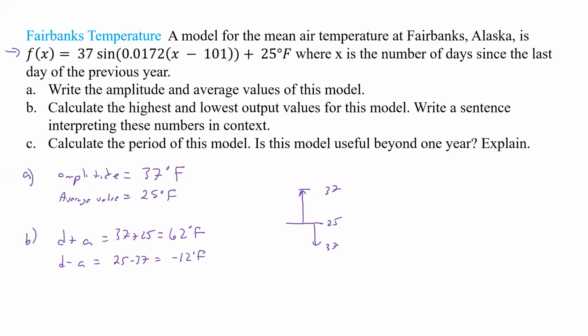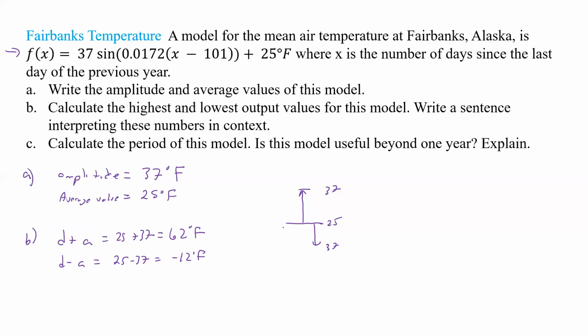Okay, so I put those backwards. It should have been D was 25 plus A, and maybe we'll do that just so we don't get confused here. Okay, so D plus A, D minus A. So we had to go D plus A and D minus A. And so that's kind of where we are for our output values.